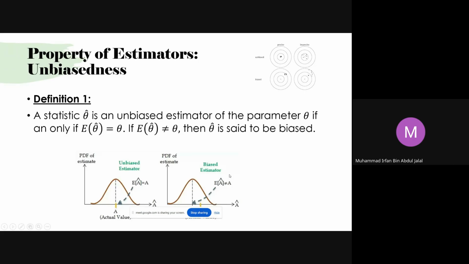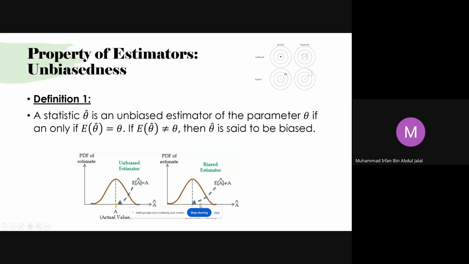But if the sample mean is a biased estimator of the population parameter, then in the long run it will not be able to estimate the parameter accurately. On average the sample mean will be around this value, whilst the actual value of the systolic blood pressure is around here.